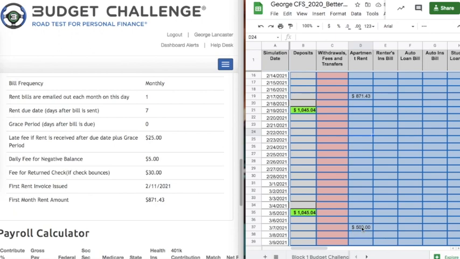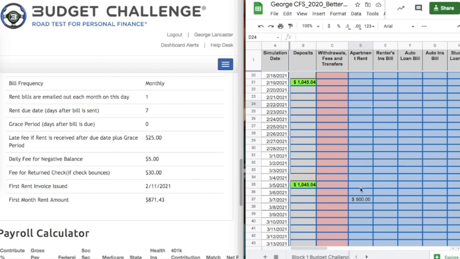So I might not be able to move this 500 before this paycheck, but I can do it on the 6th or the 7th and I won't have any problem. I can do it on the 8th and that's fine. If I do it on the 9th, they will charge me $25 plus $5 a day. So that might get pretty expensive.